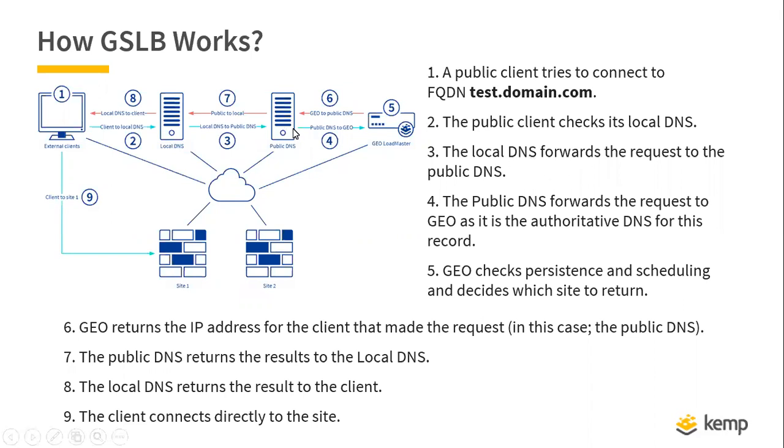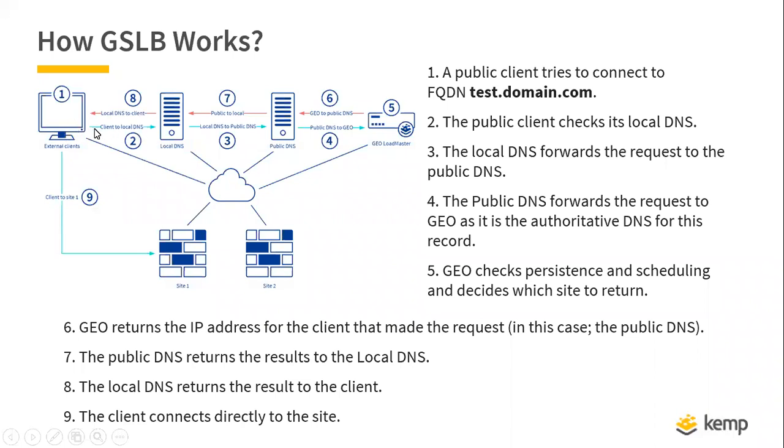Of course the public DNS will point to our GSLB. The GSLB will tell which available IP is able to be accessed, then point back to the public DNS, and the public DNS will return to the local DNS, and lastly to the external client.